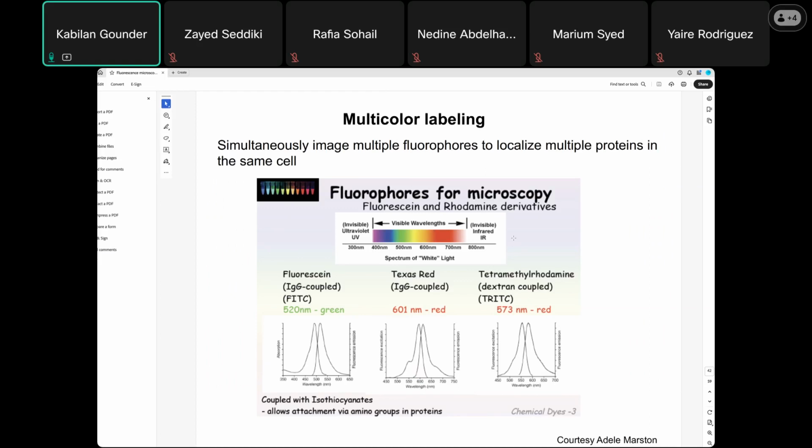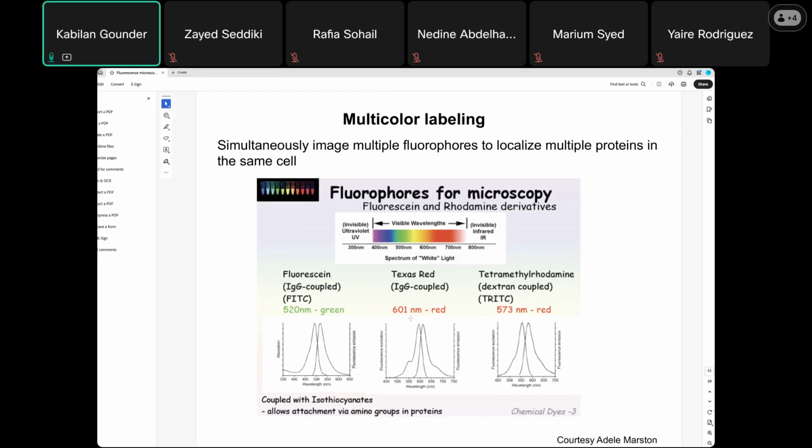The fluorophores for microscopy are fluorescein and rhodamine derivatives. Usually you can see the spectrum of light from wavelength UV to IR. If you use more than one, then you have to have different wavelengths; only then can you see different colors. One is fluorescein, at 520 nanometers, so you can see green here.